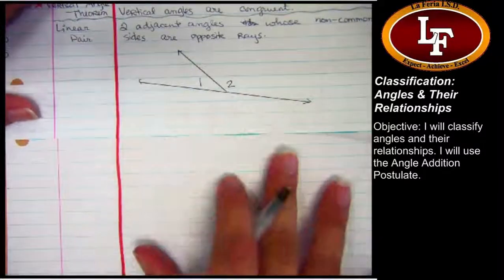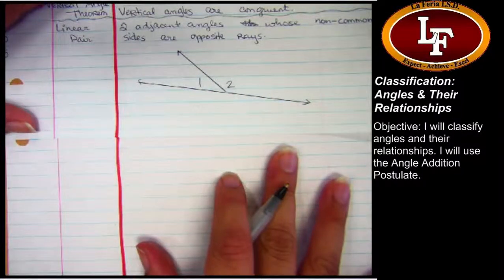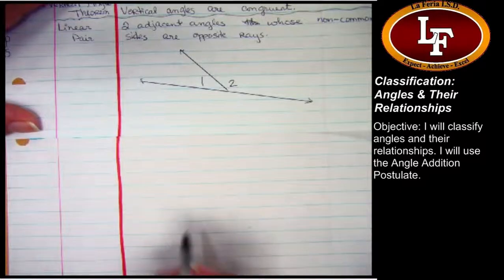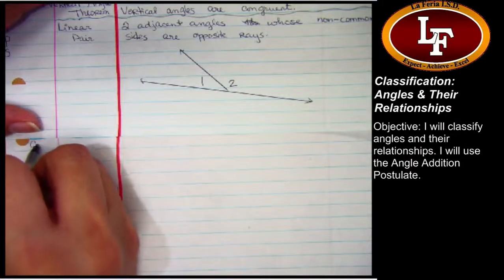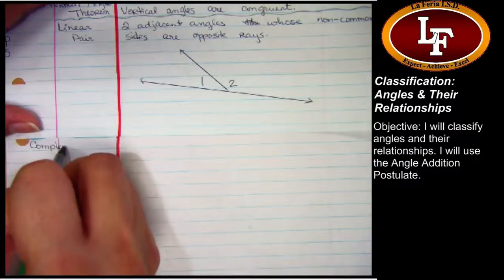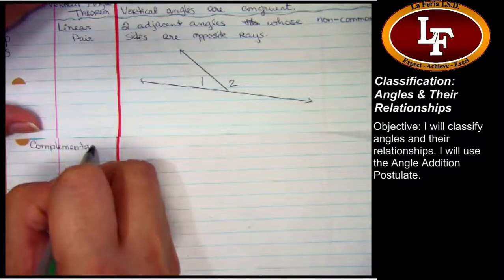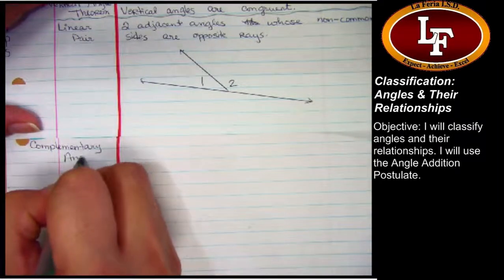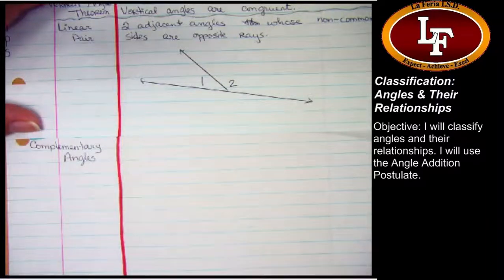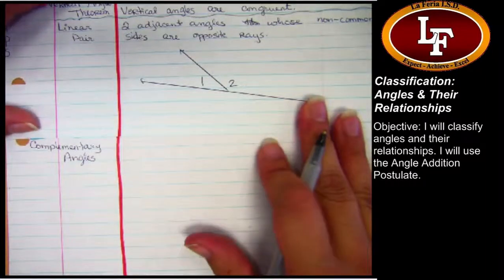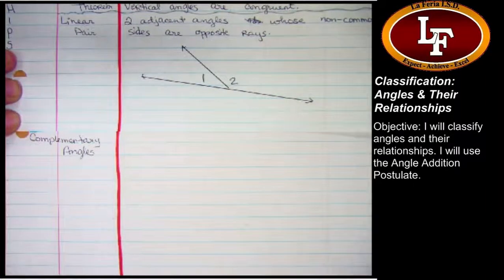Okay, so these are the relationships continued. And the first relationship continued that we're going to talk about is complementary angles. Now, things that are complementary are things that go together very well.